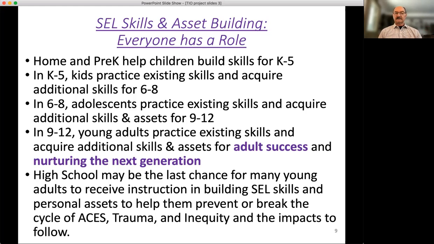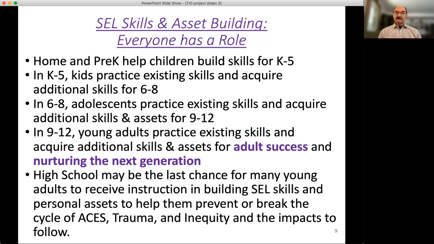Middle school, adolescents practice the skills that they've already got, and they build skills and assets for high school. In high school, the same thing. And those are the additional skills that they will need at a minimum, probably for adult success and to nurture the next generation, AKA parenting.